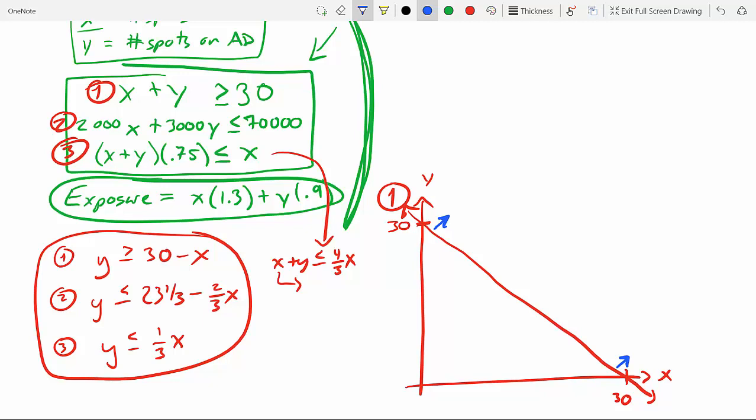Then we've got 23 1/3, so that's right in here, and it's going to decrease at a rate of -2/3. So we can find the x-intercept, which is where y equals 0. So 0 equals 23 1/3 minus 2/3 x. We move the 2/3 to the other side.